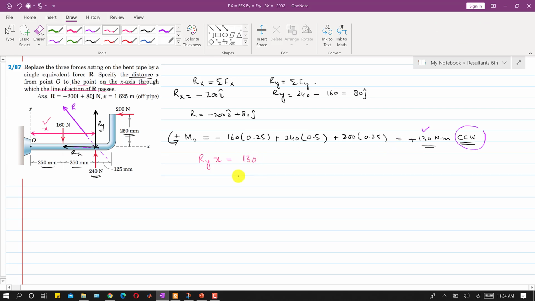So x equals 130 divided by Ry, and the Ry magnitude is 80, so I divide by 80. This gives x equals 1.625 meters. So the line of action of the resultant intersects the x-axis at a distance of 1.625 meters from the origin in the x direction. This is the solution of this particular problem.